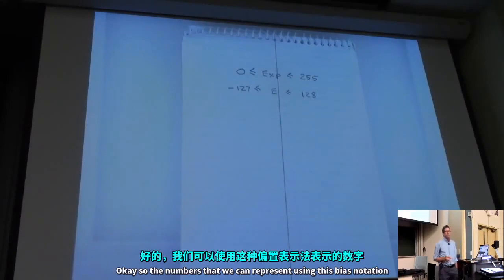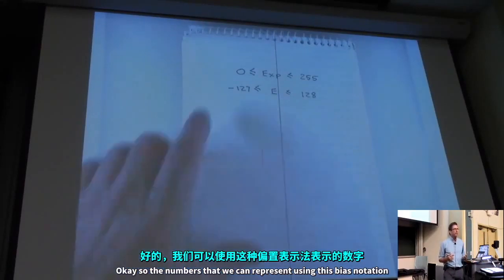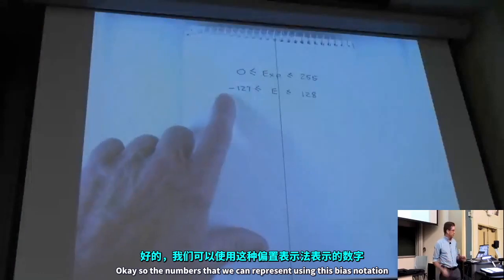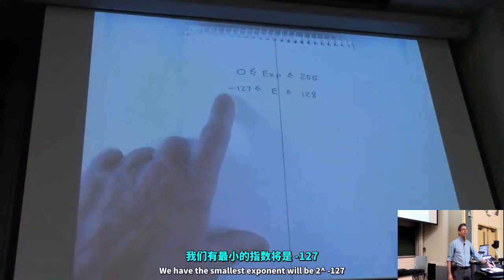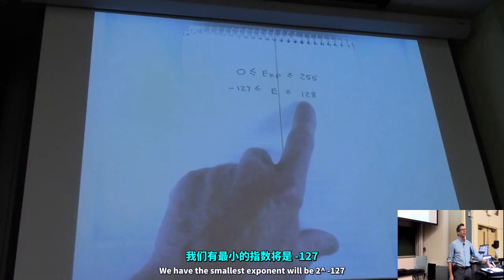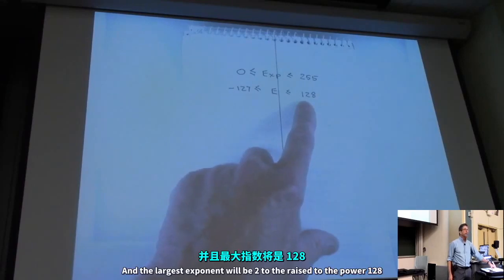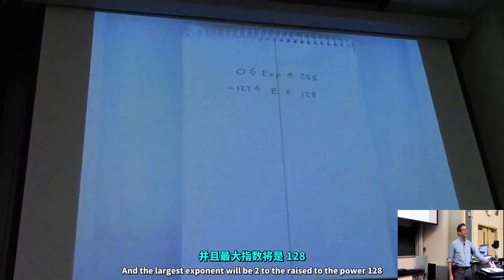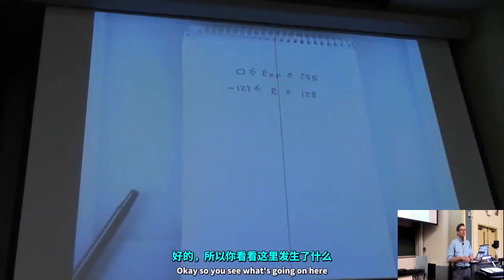So the numbers that we can represent using this bias notation will have the smallest exponent 2 to the minus 127, and the largest exponent raised to the power 128. Do you see what's going on here?